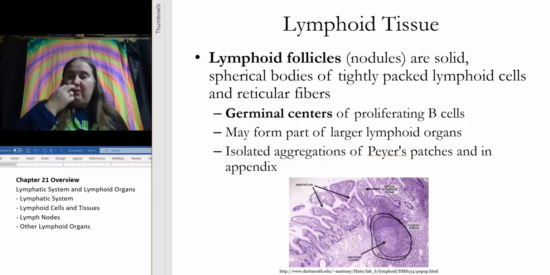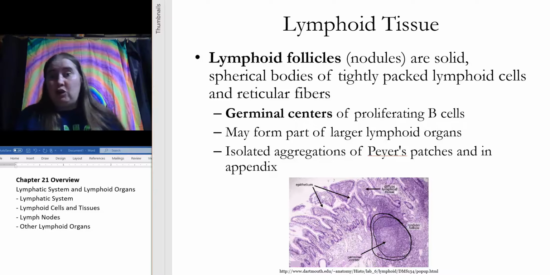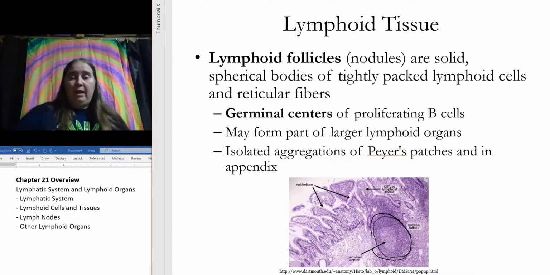It has some unique characteristics: a dark purple outer ring with a lighter spot in the middle. This lighter spot is known as a germinal center. Essentially, this is a solid mass of packed lymphoid cells and reticular fibers.